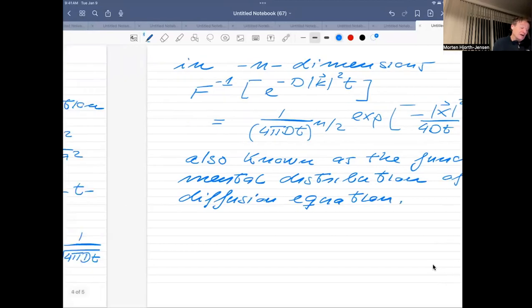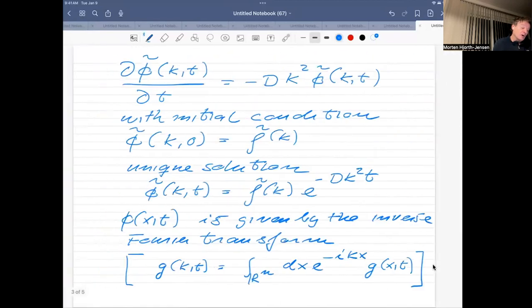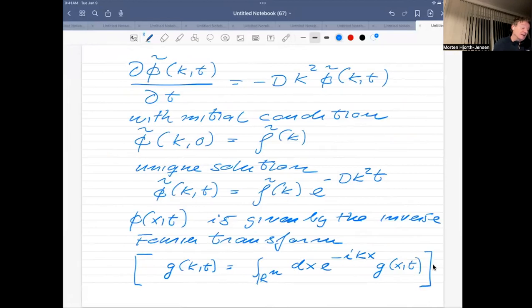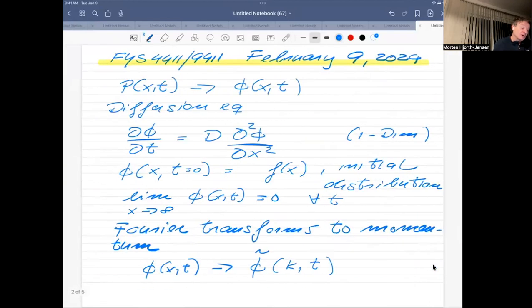So you could assume that if you go back to the equations which you have here, the original equation, this phi here is now replaced by this function which we defined as a function of f, which could be a Gaussian. So we could assume that phi is given by an initial distribution, which is given by the Gaussian distribution.